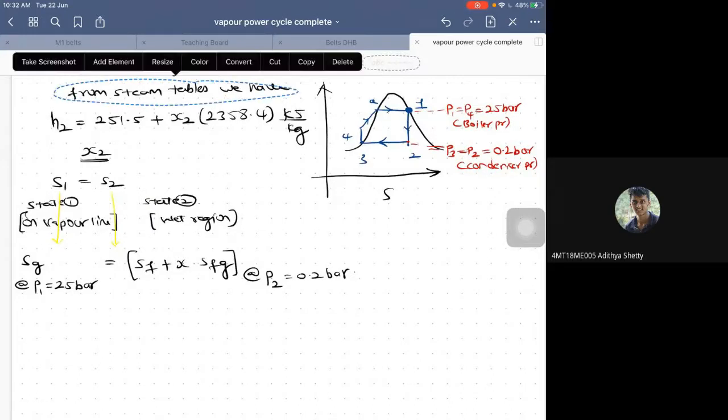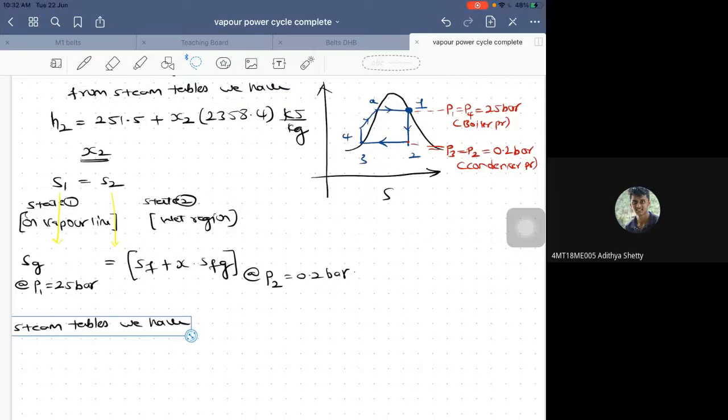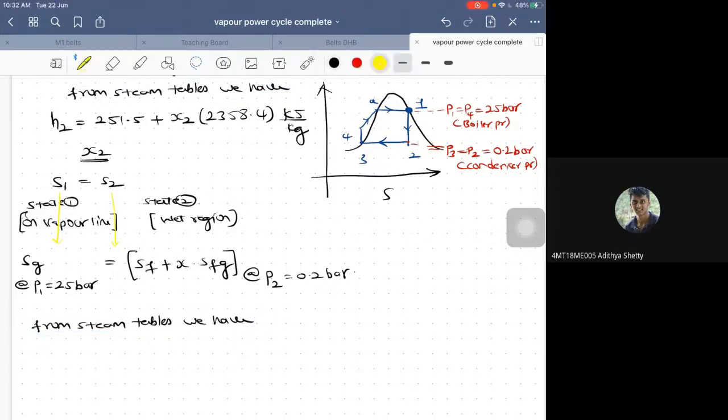From steam tables, we have, what is the value of SG from steam tables? 7.9094. That is equal to... what is the value of SF at a pressure of 0.2 bar?